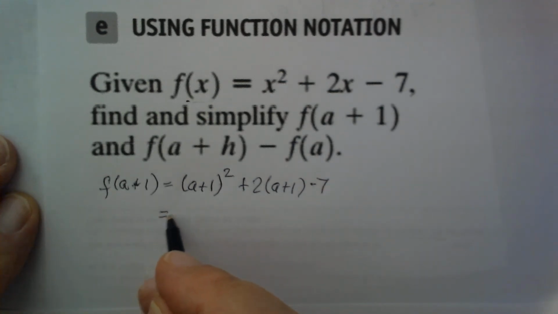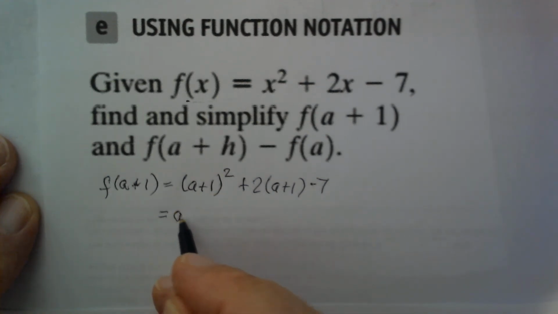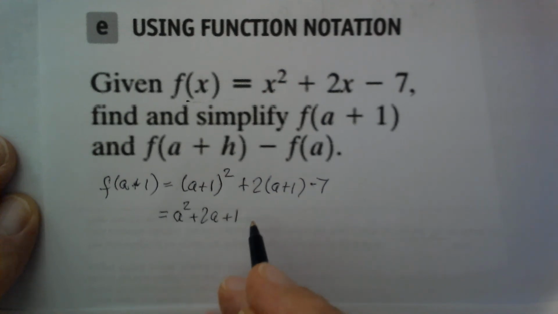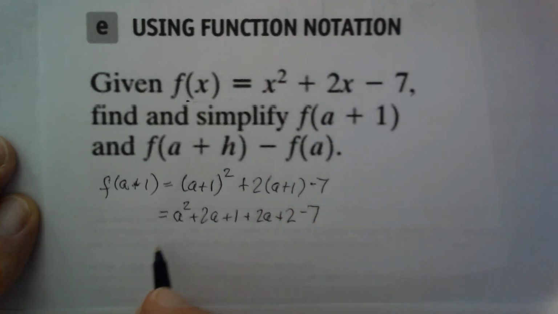So again, we learned how to square binomials. So a plus 1 squared means a squared plus 2 times a times 1, which is simply 2 times a, and then 1 squared is 1. And this gives us 2 times a using the distributive law, 2a, and 2 times 1 is 2, minus 7, and now we combine like terms.